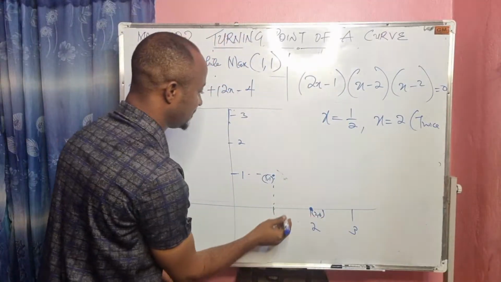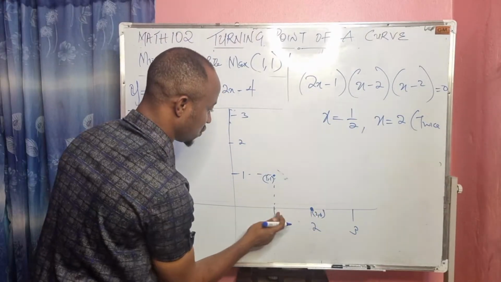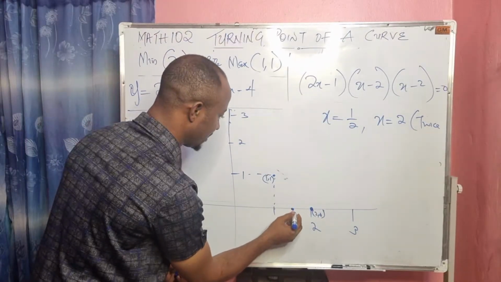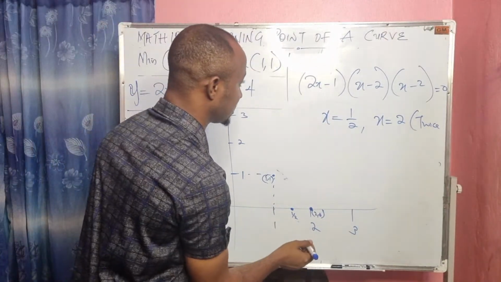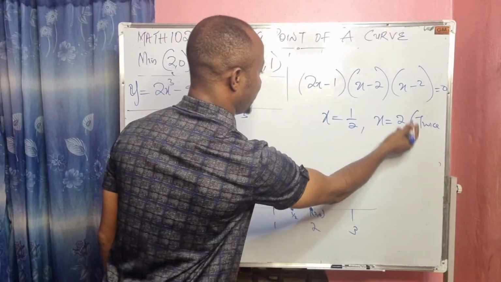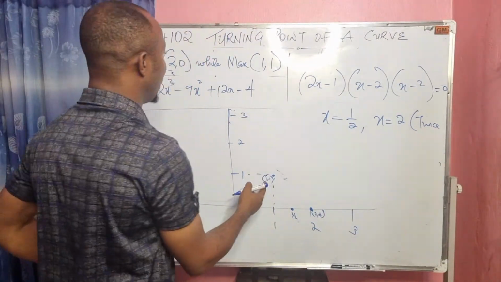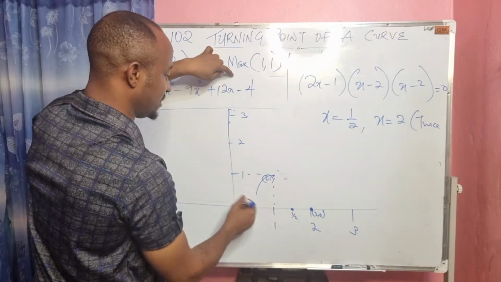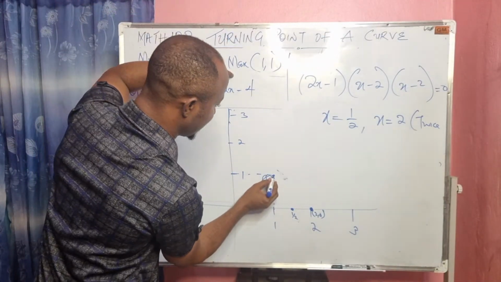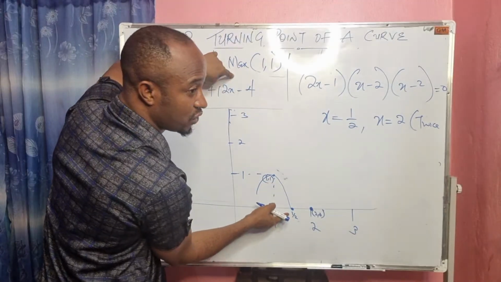So the first we have here is what? Is half. Half, 1 over 2 should be midway between 1 and 2. Somewhere here we have 1 over 2. So the next is that our value of x actually falls in here. That means my curve, 1, 1 is the maximum.